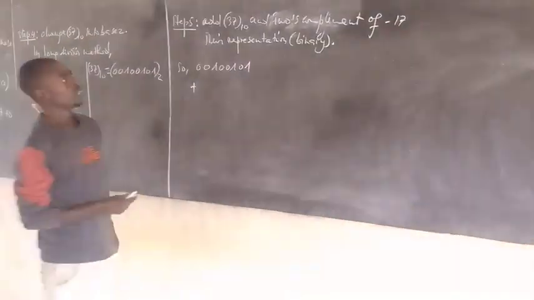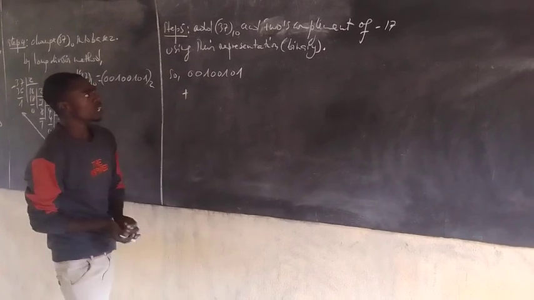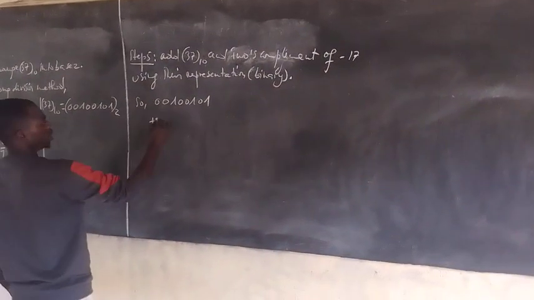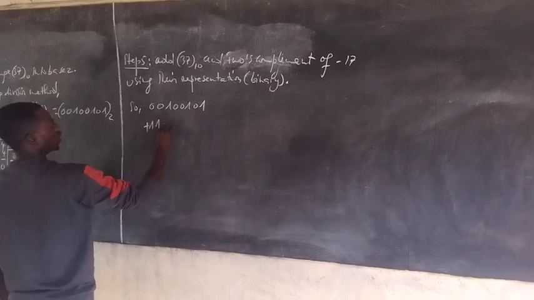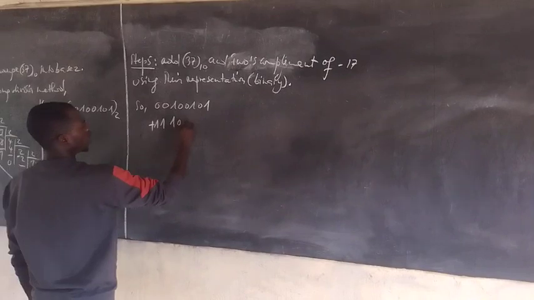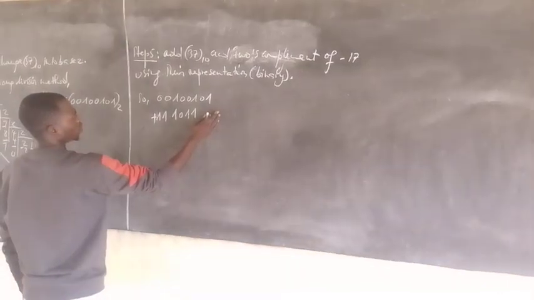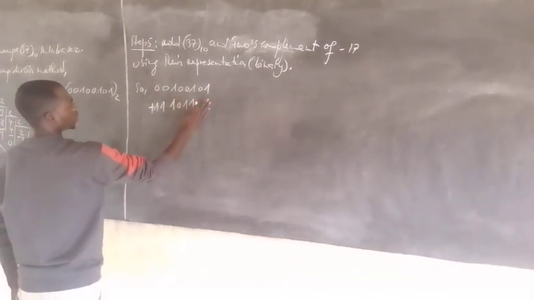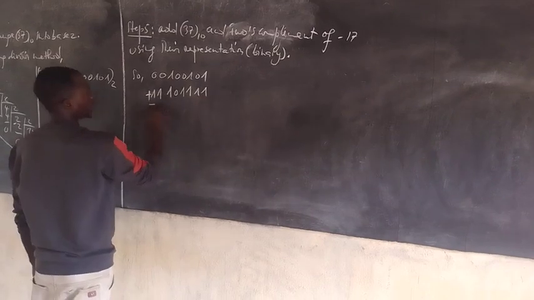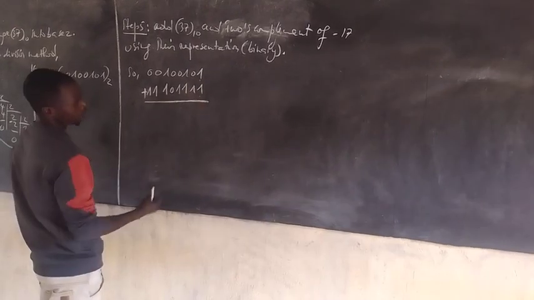Okay, so now you can say, using the representation of minus 17, we have to take that one: 1, 1, 1, 0, 1, 1, 1, 1. So now remember, we are adding in binary. 1 plus 1, we get 2.